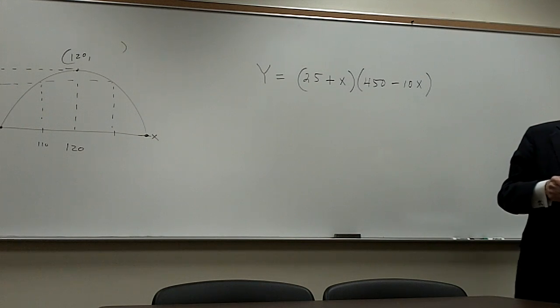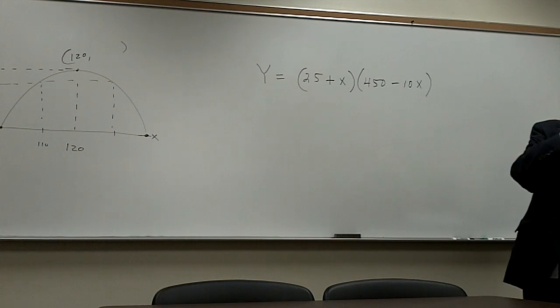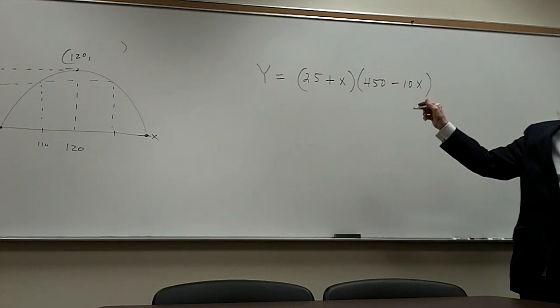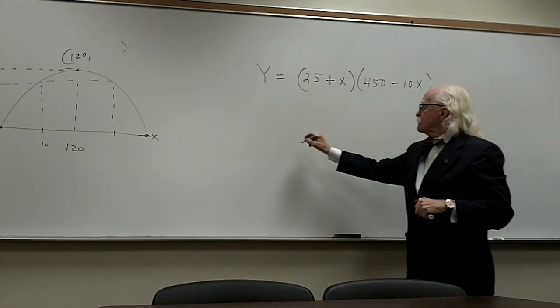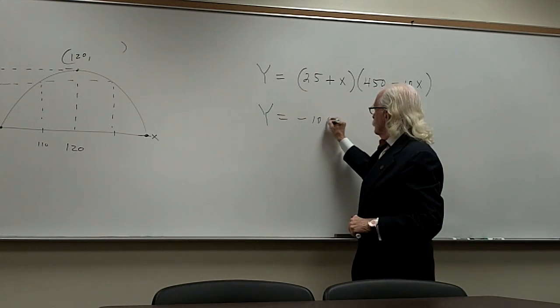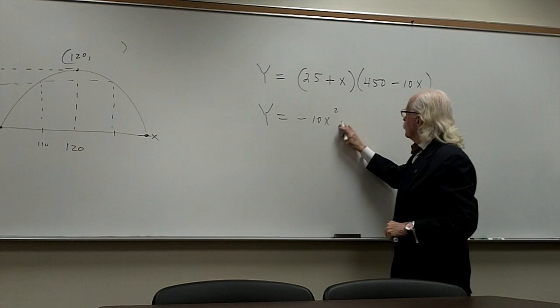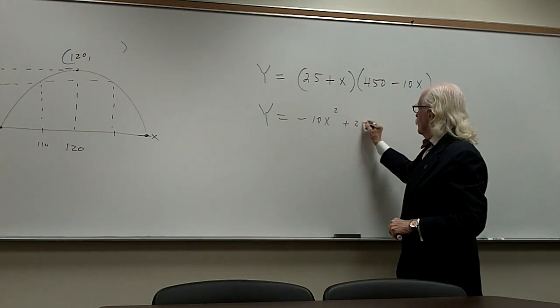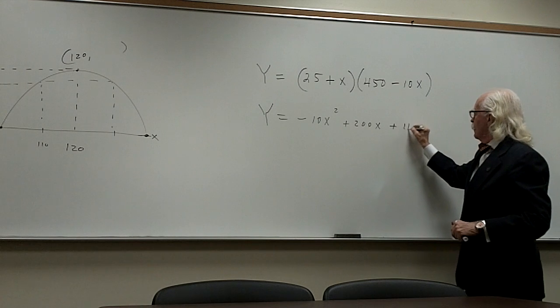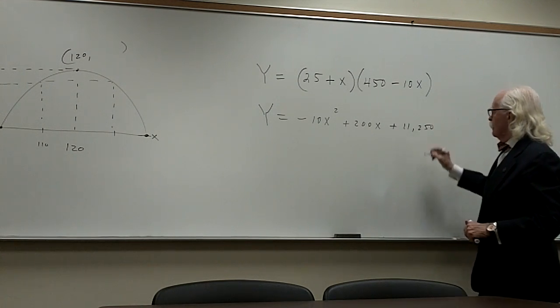You got it multiplied out? Anybody else have it? Oh, that's negative x squared plus 200x plus 11,250.